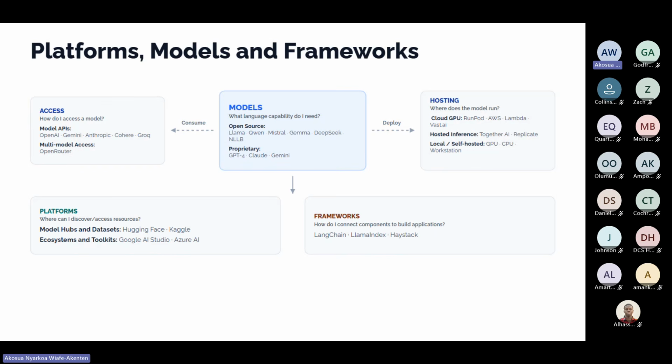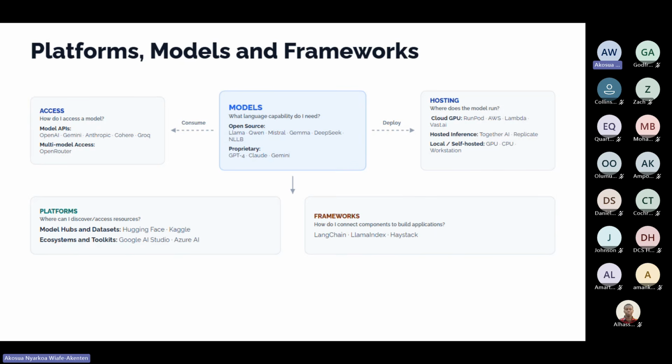Okay, so I have this slide included so that you are aware of some of these things in regards to some main categories that have to do with models, accessing these models, hosting these models, and the platform frameworks that exist.